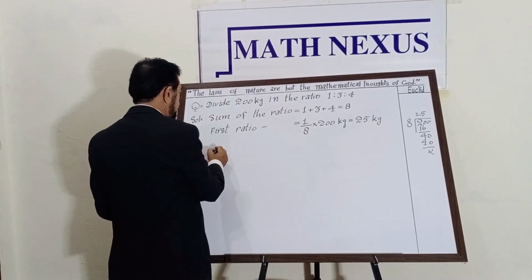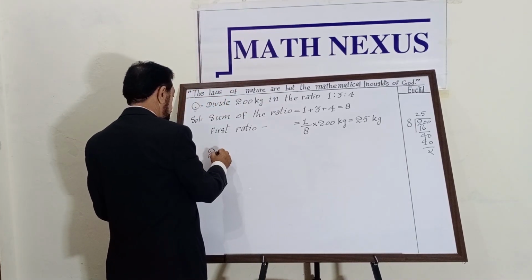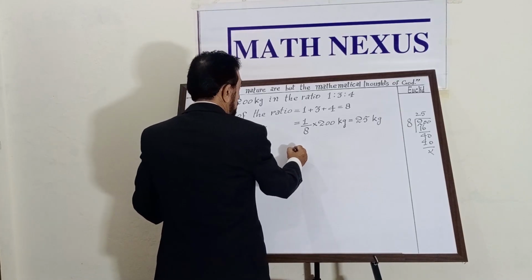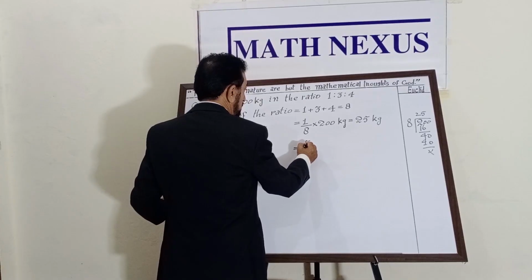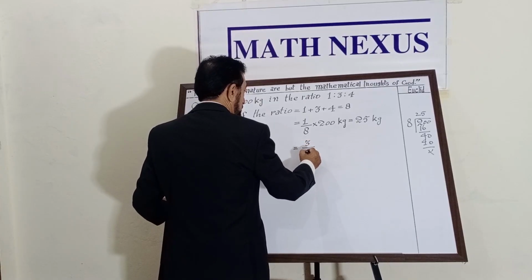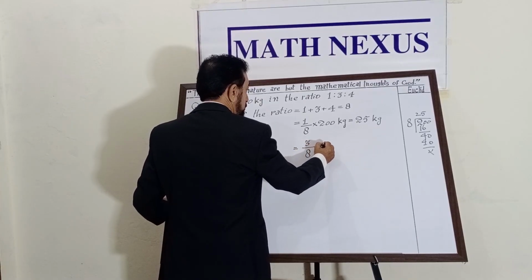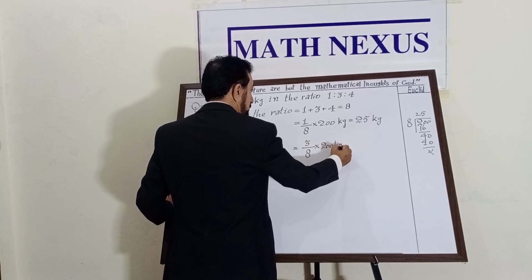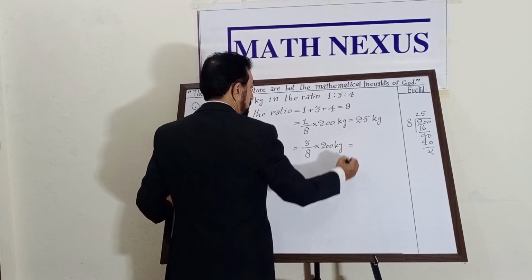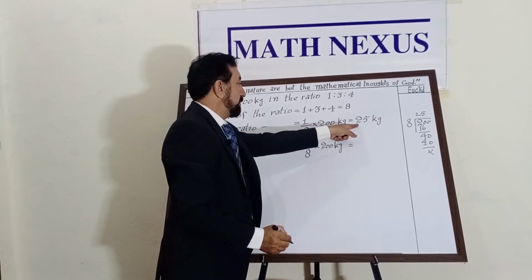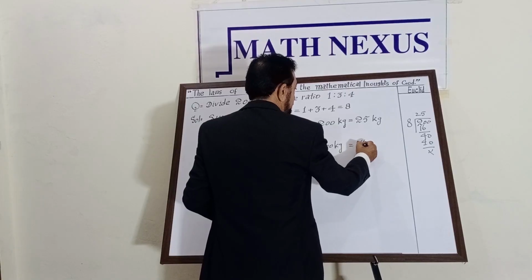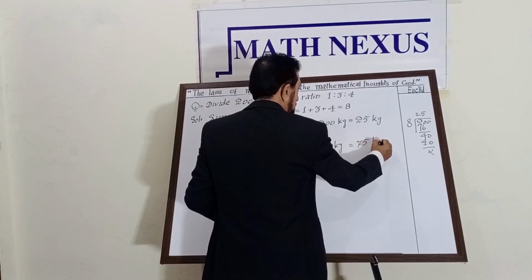Second ratio is equal to 3 upon 8 into 200 kg is equal to 25 into 3 is equal to 75 kg.